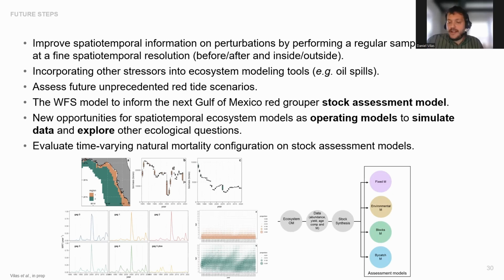So do we want to incorporate that information as an environmental variable, as a block of mortalities, or as a bycatch, in the way that it's being done currently in the stock assessment process? What is our best option?